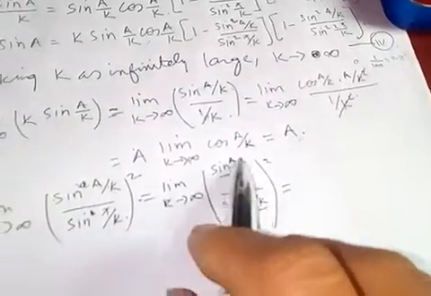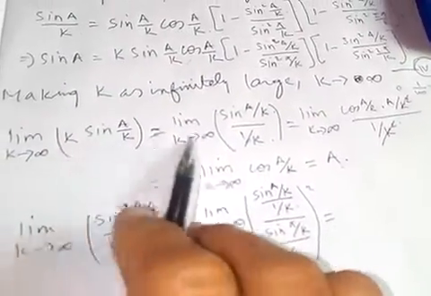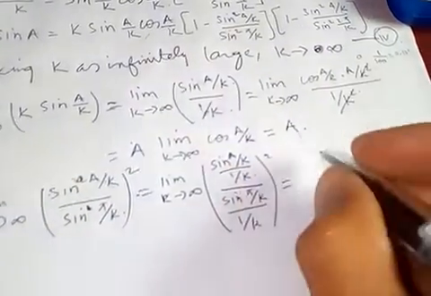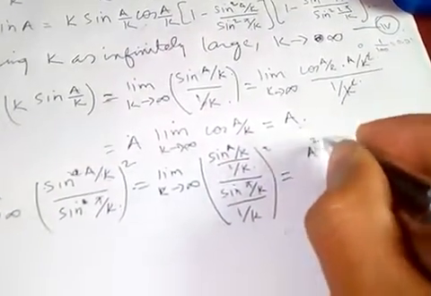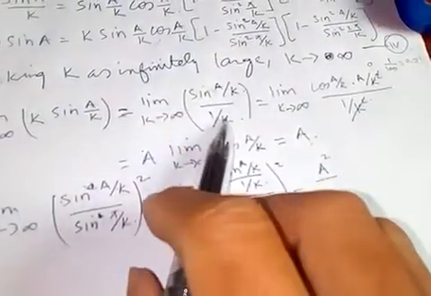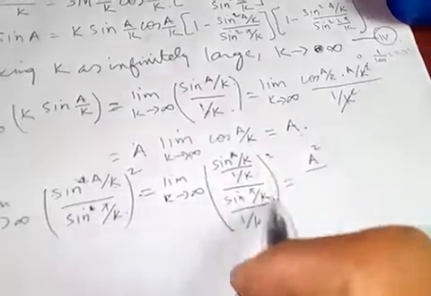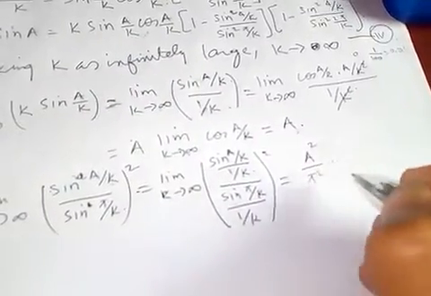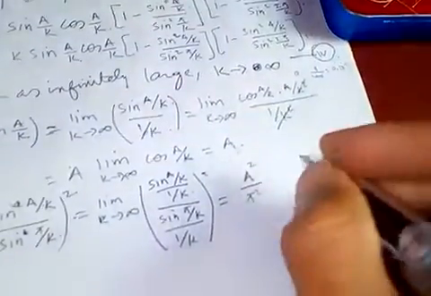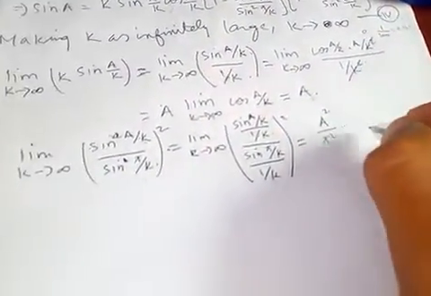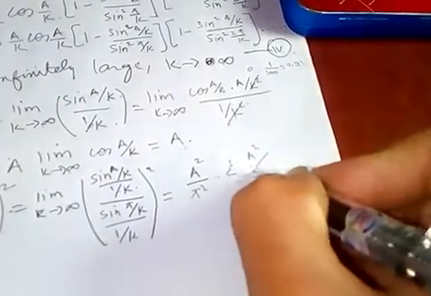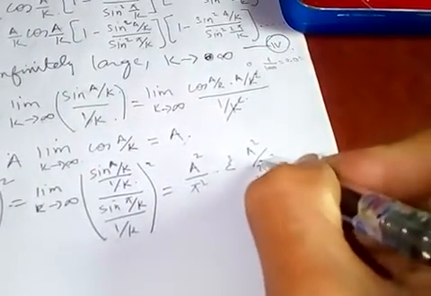This whole term I saw already, so it returns to a, and a square over pi square. For the second term also, it returns to a square over 2 square pi square.